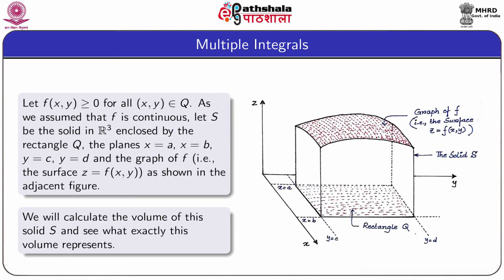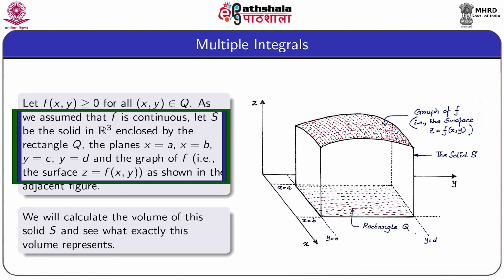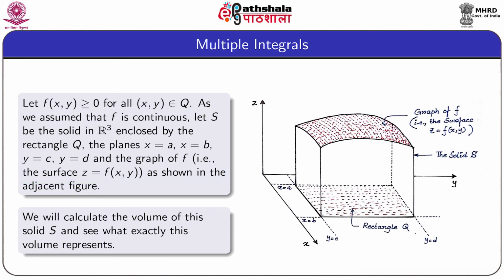Let f(x,y) be non-negative for all (x,y) in Q. As we assume that f is continuous, let S be the solid in R3 enclosed by the rectangle Q, the planes x equal to a, x equal to b, y equal to c, y equal to d, and finally the graph of f, that is the surface given by z equal to f(x,y), as shown in the adjacent figure.